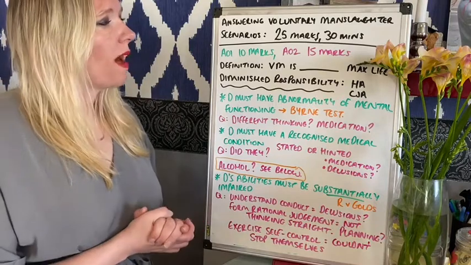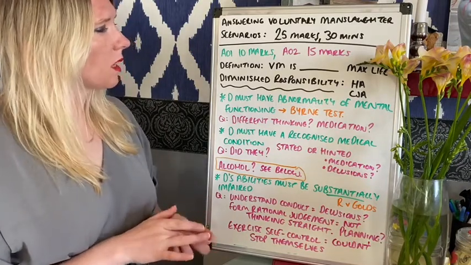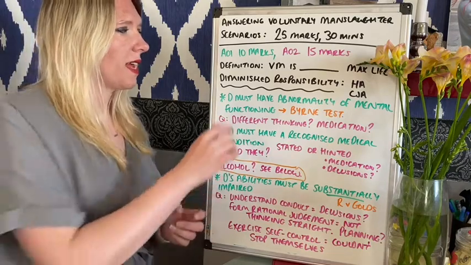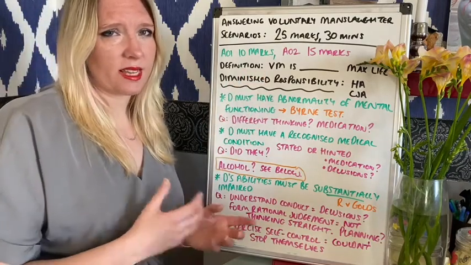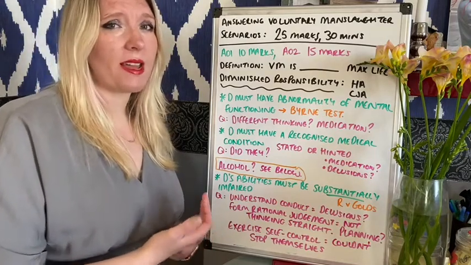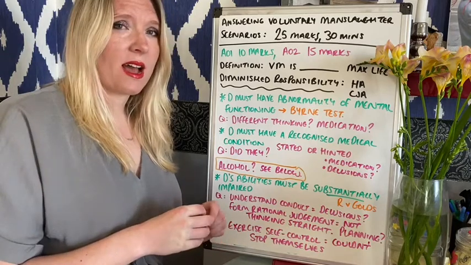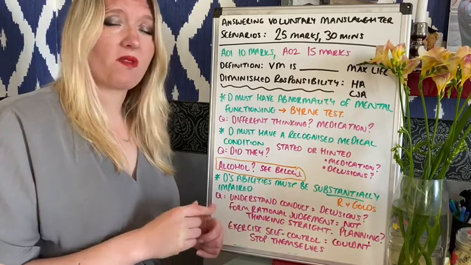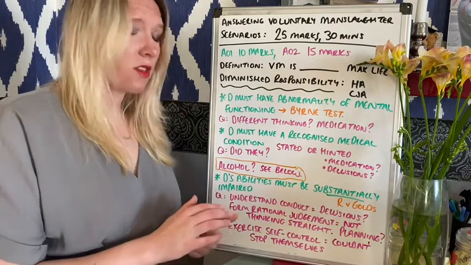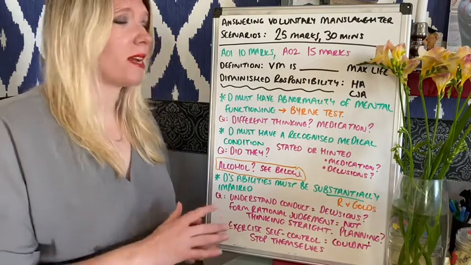So, how do we start our answer to a scenario? First thing you need to do is start with a definition. I always think simple is best. So quite simply, voluntary manslaughter is. And remember, voluntary manslaughter is where the defendant has committed murder. They have the actus reus and the mens rea, so they've caused an unlawful killing of a human being under the Queen's peace, and they had malice aforethought.